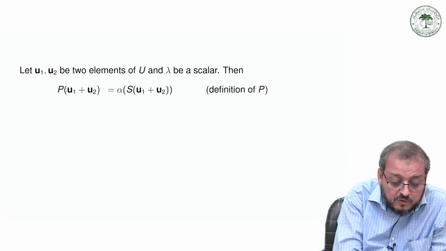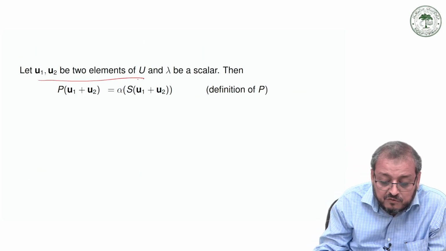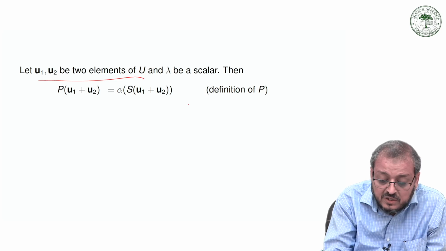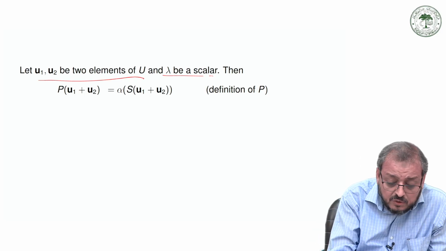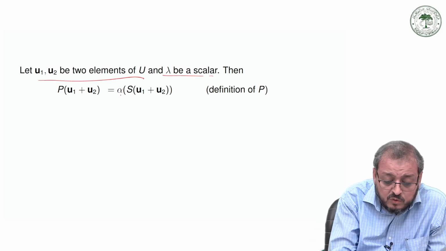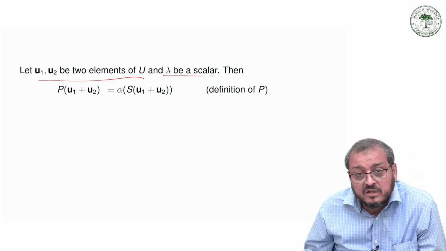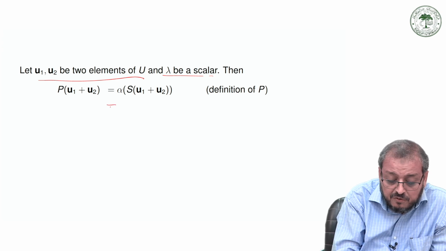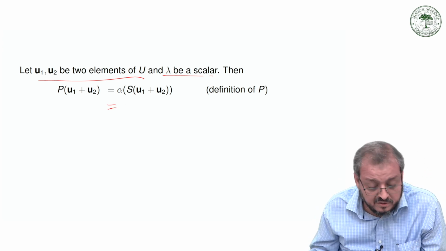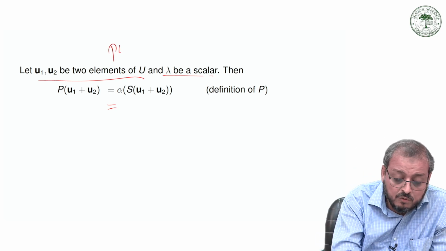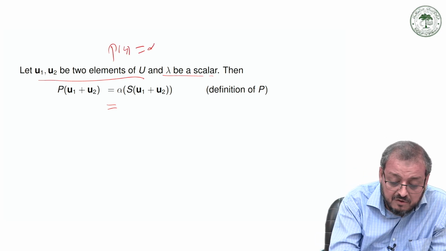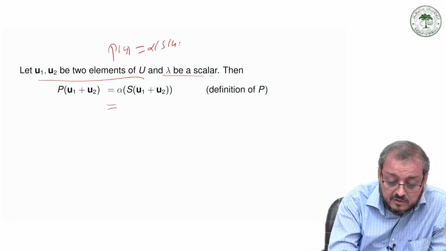Take u1 and u2 as elements of U, and because alpha is already used, we take another scalar, lambda. So we write P of u1 plus u2 in this form. By the definition, P of u is alpha times S of u.